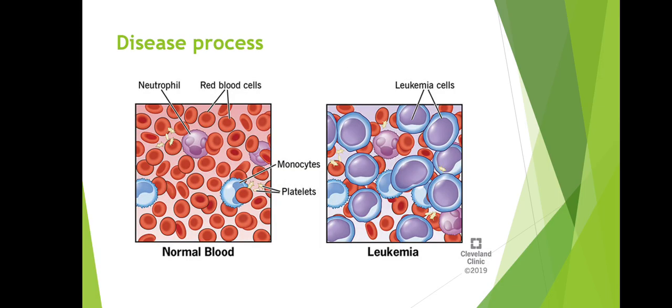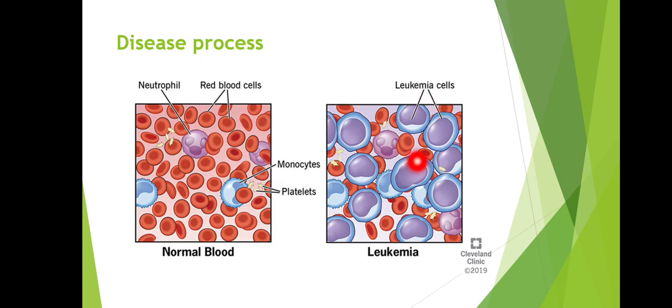So now let's look at the disease process. You can look at this. This is a blood vessel having the normal red blood cells, platelets within it, and then white blood cells. So this is the normal blood. This is how it should be.